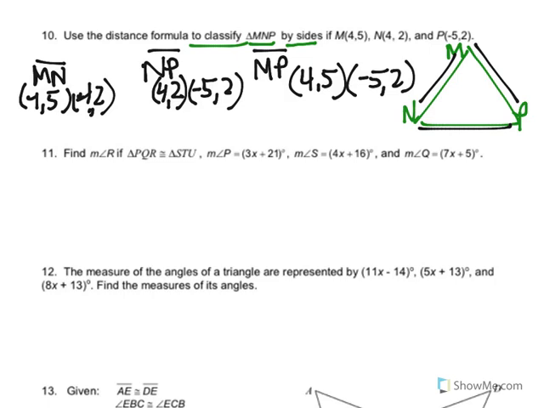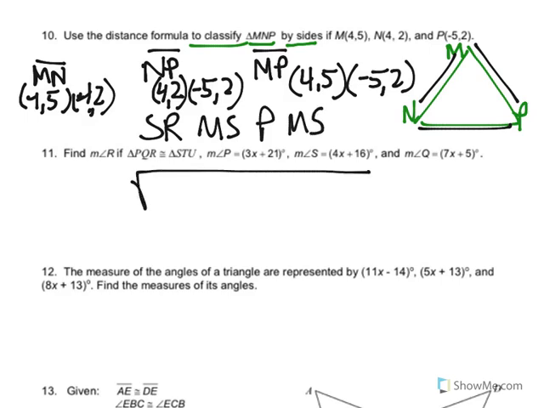And to use the distance formula, remember our little acronym we used was senior, miss, PMS, and that's to remind you that it's square root, and we have parentheses, we have a minus and a squared, plus a minus and a squared, so this is x2 minus x1, y2 minus y1.